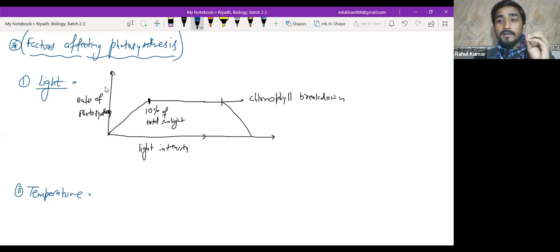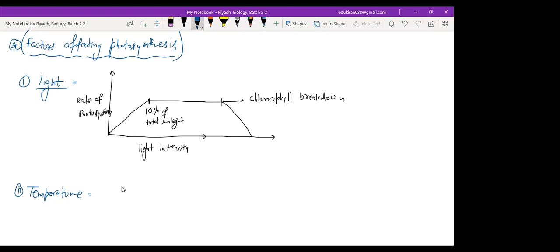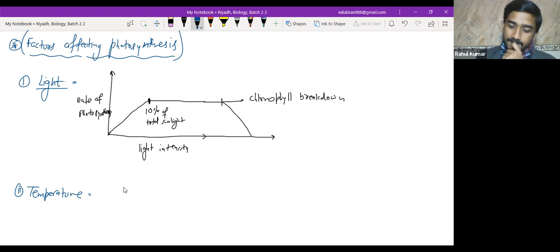But you have to understand where to apply that reasoning. So write down: temperature. The dark reactions are more temperature controlled, as they are enzyme dependent.